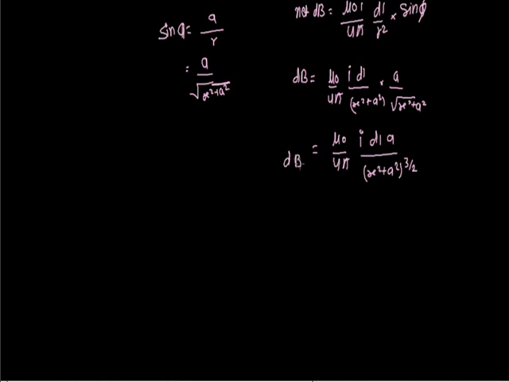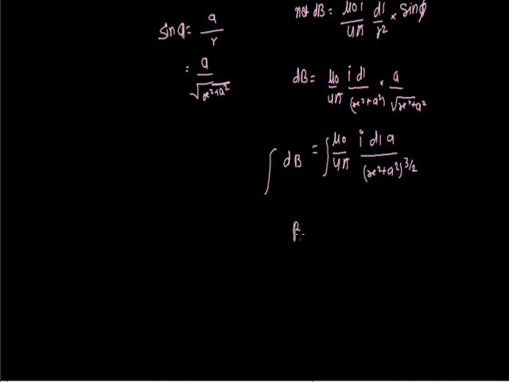In this equation, mu naught upon 4 pi is constant, I is also constant, a, the radius of the circle, is constant, and x, the distance between the point and the center, is also constant. The only variable is dl. So we integrate both sides with respect to dl.